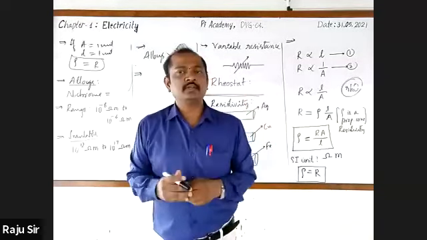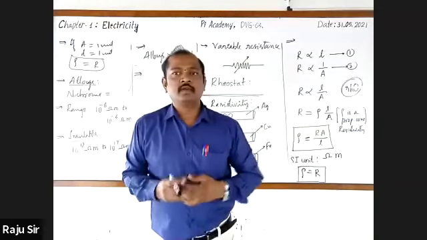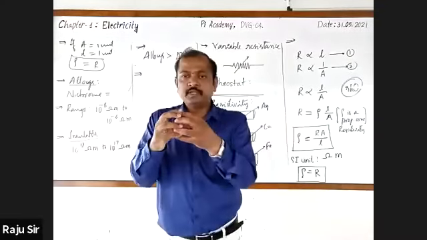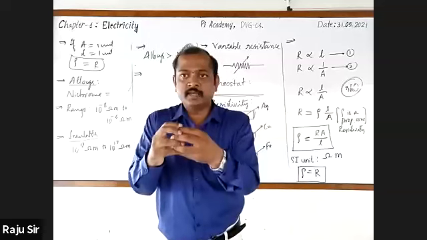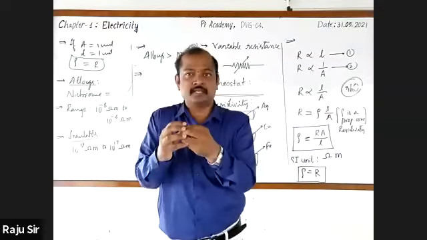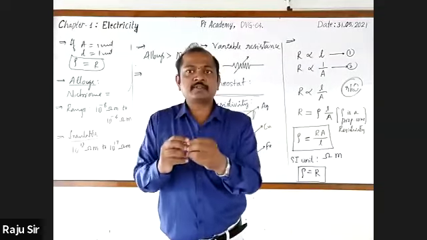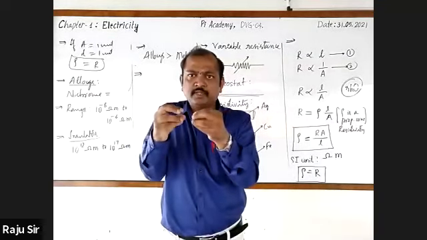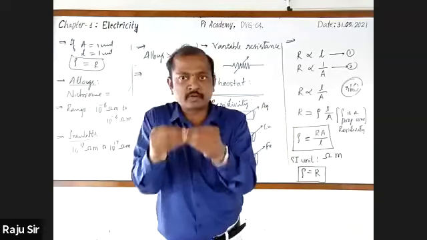Do you know the reason for using alloys as filament in most of the electrical heating devices? Very simple. If heat has to be generated, there must be more collision, more friction between the atoms and electrons.